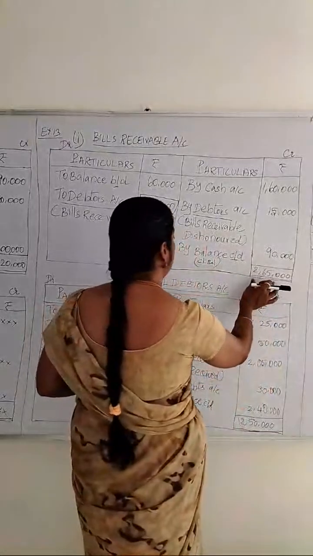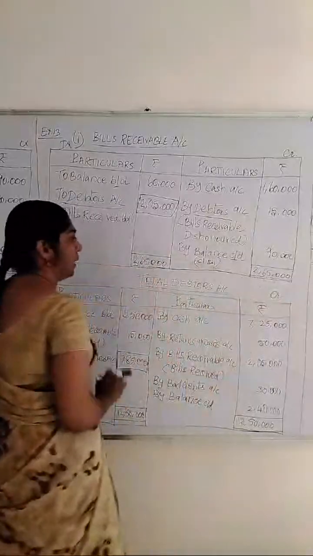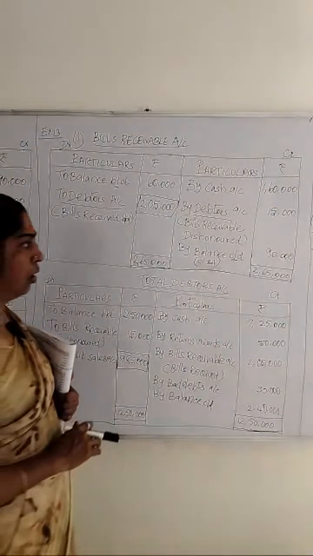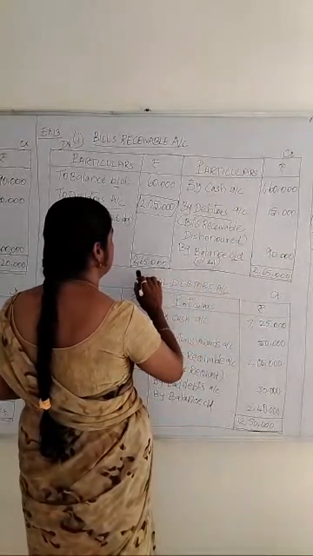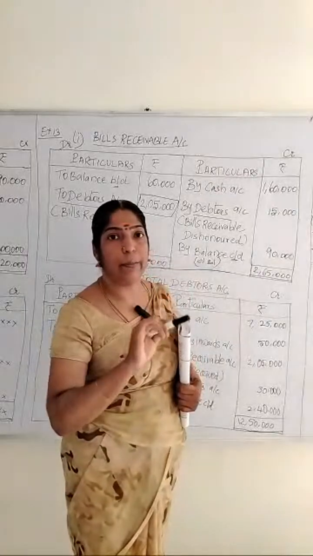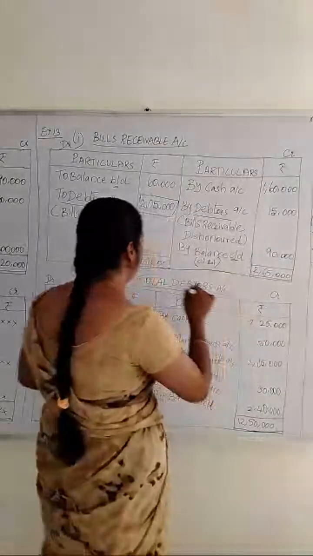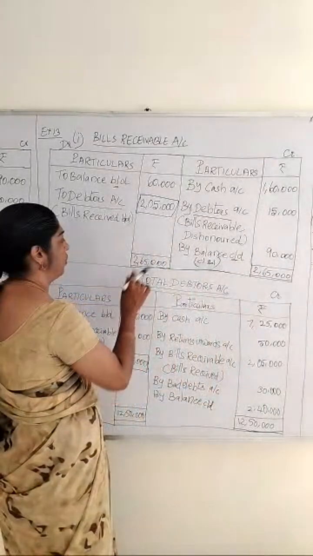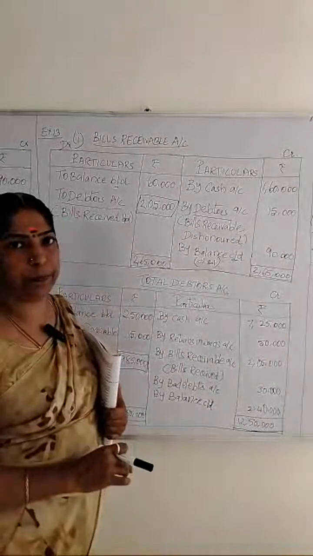So we have to enter the total on both sides, debit side and credit side. So we entered 2,65,000 on both sides. After entering the total, we have to draw a double line under the total, which denotes the total.